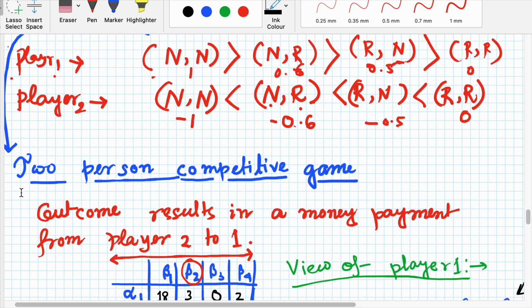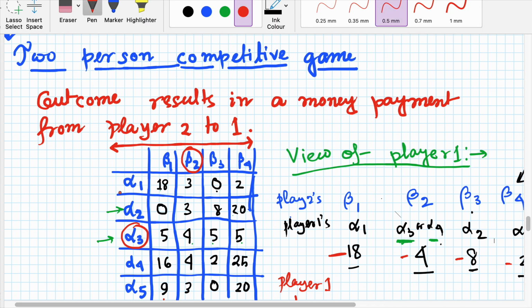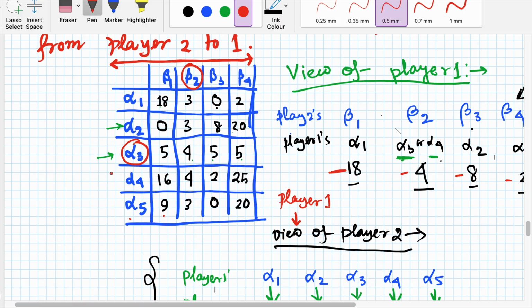So we have learned that we can represent it in matrix form, and we have seen what kind of solution one can expect if we see this situation of a strictly competitive game by using a normative framework, then we know there is a solution concept.